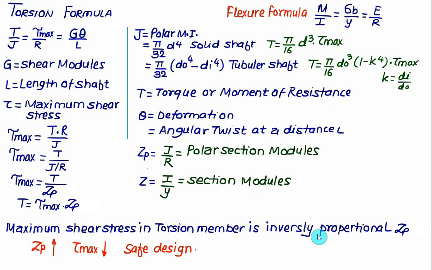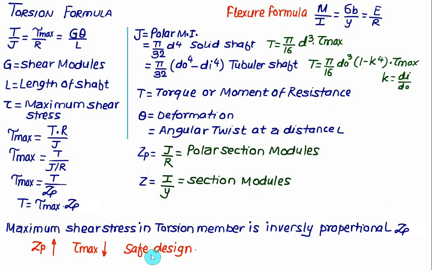It means that if the value of Zp increases, then the value of tau max will decrease. So you have to select a higher section modulus. In that case the shear stress will be smaller, lower than the yield stress, and our design is a safe design.